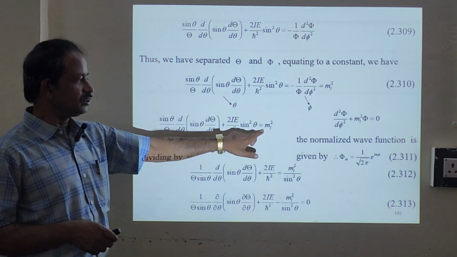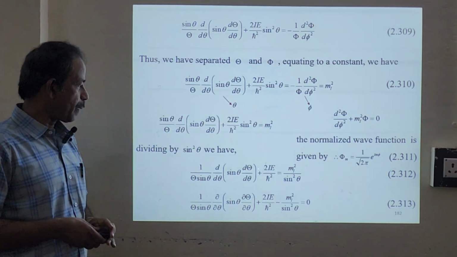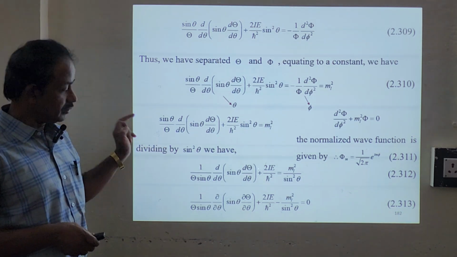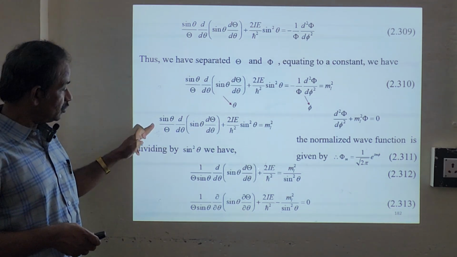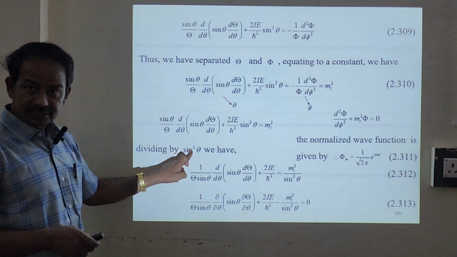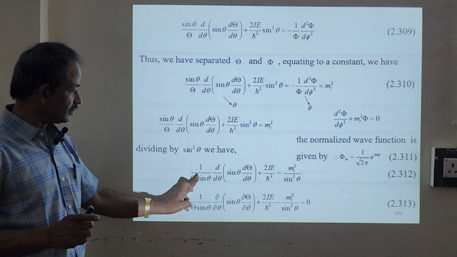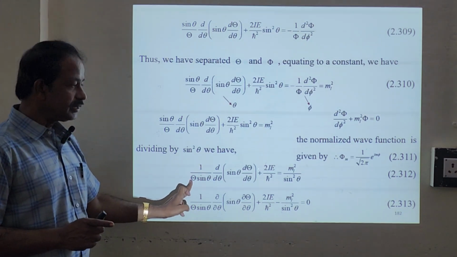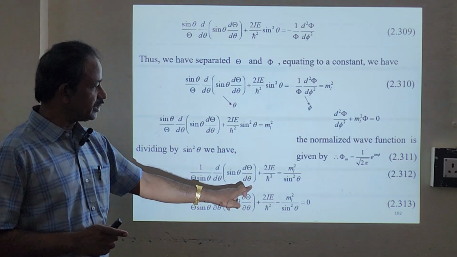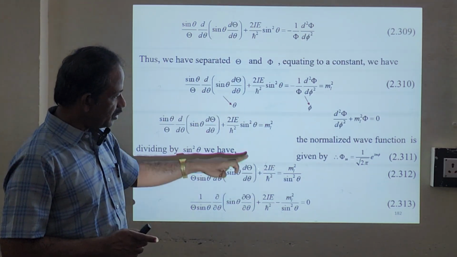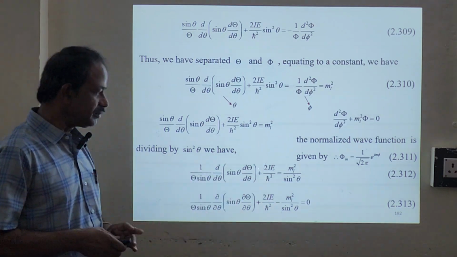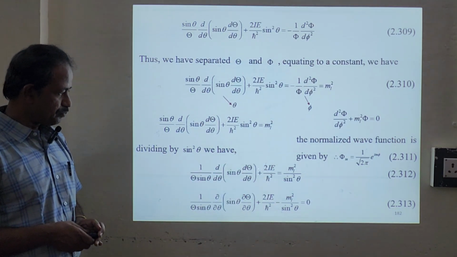So you have the theta part which is equal to m_l squared. Now divide throughout by sine square theta. So you will have 1 divided by Theta sine theta, one sine theta will get cancelled. So you have 1 divided by Theta sine theta d by d theta sine theta d Theta by d theta plus 2IE by h bar square, sine square will get cancelled. You have m_l square divided by sine square theta.